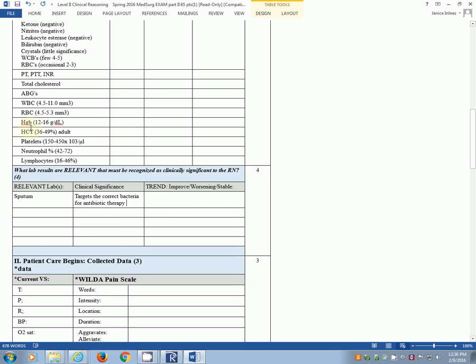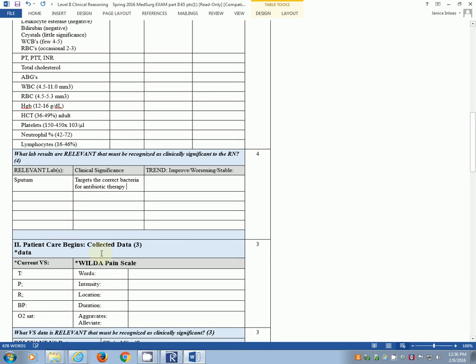So usually this would go more like if your hemoglobin was 33 and then the next time it was taken it was 27, then we know that it's worsening, and that's what that means there.